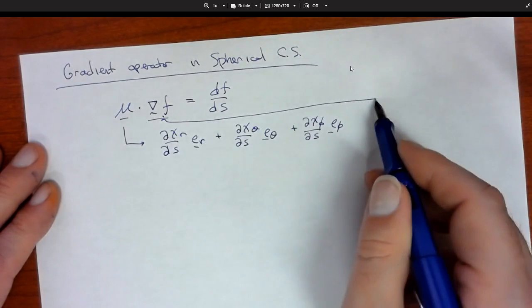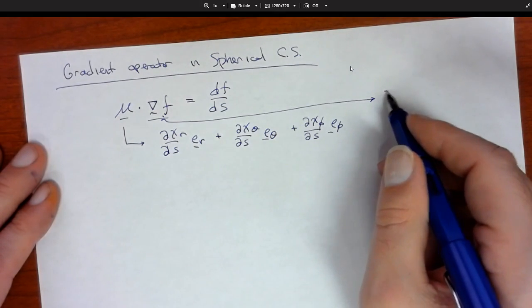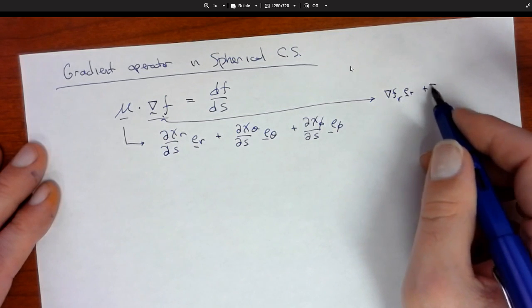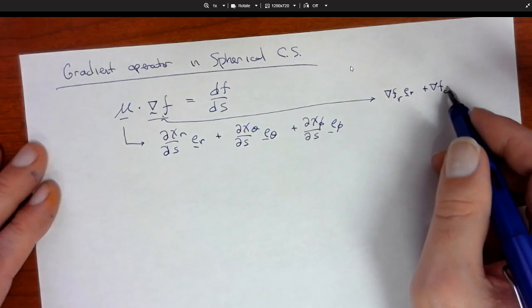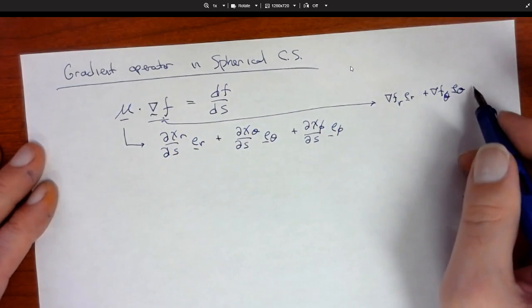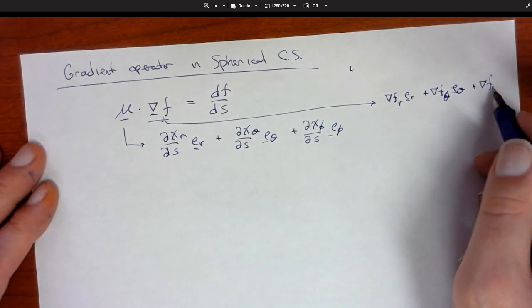This term here is what we want to find, but this is just going to be grad f in the r direction plus some theta component, and then also a phi component.